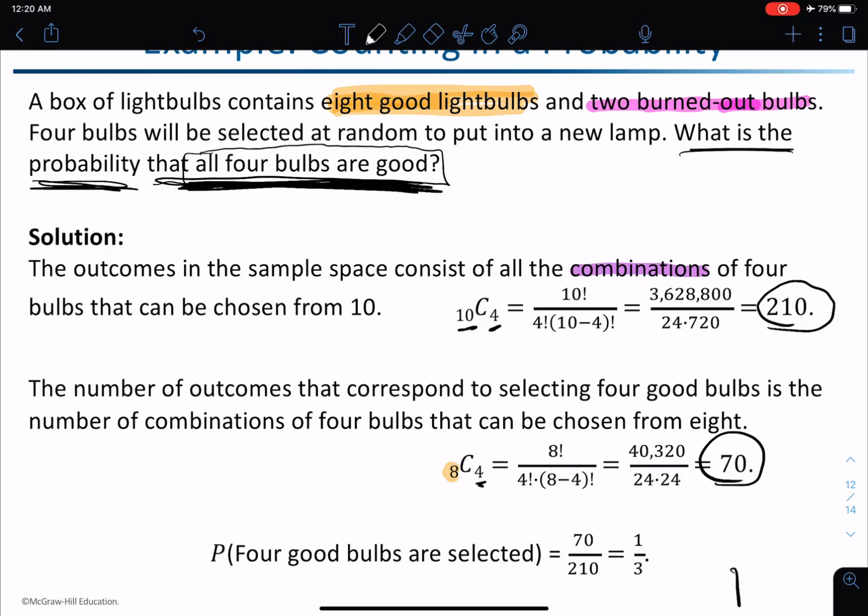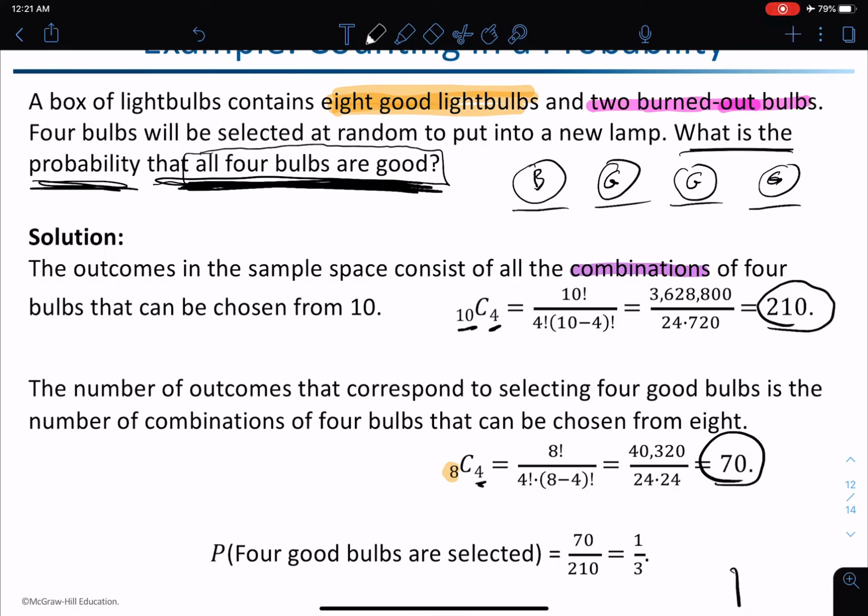And when I go back to this model up here, I'm not sure if that was the best way of saying that. Maybe it'd be better if I said, what if you had a bad bulb and a good, a bad, a good, and a good?